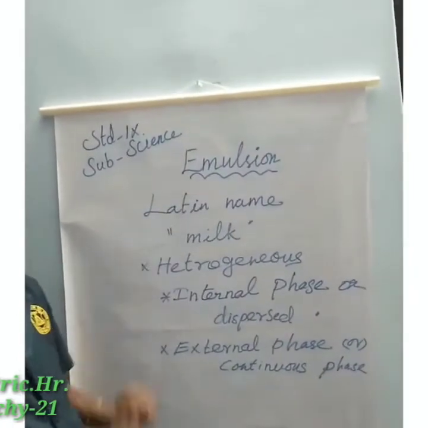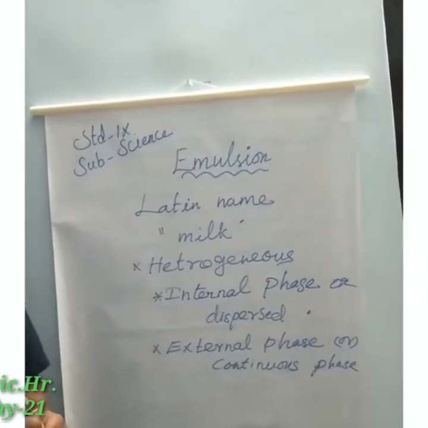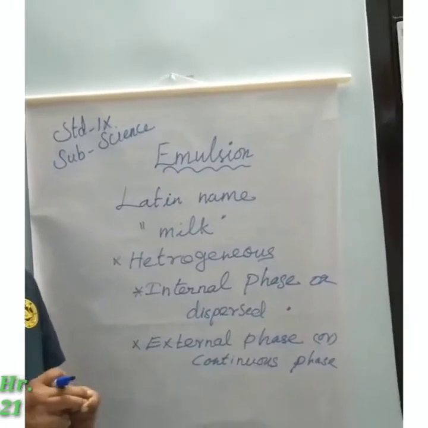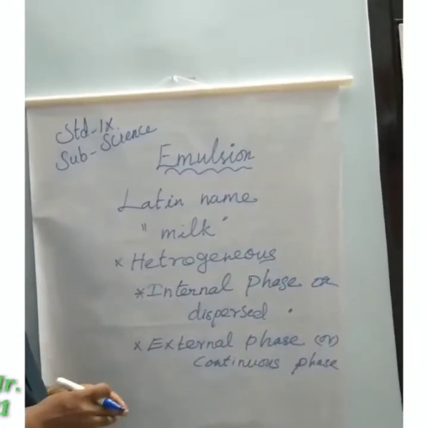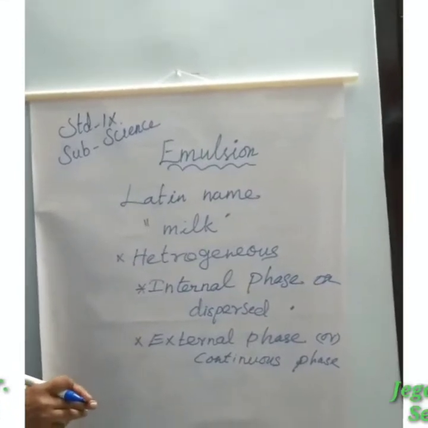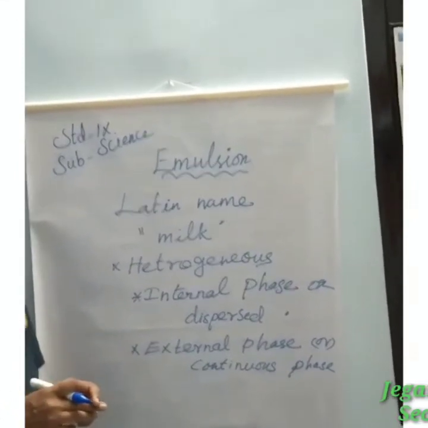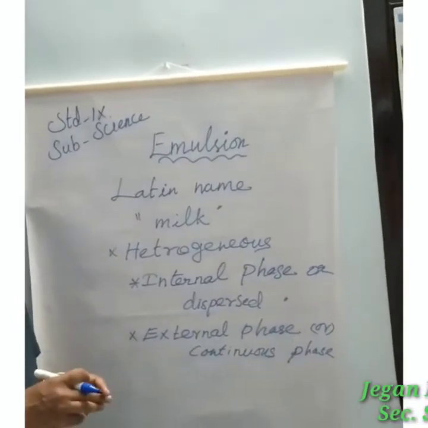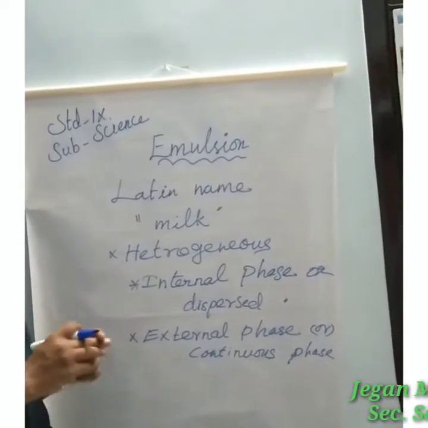Emulsion is a colloid of two or more immiscible liquids where one liquid is dispersed in another liquid. That means one type of liquid particles get scattered in another liquid. That is known as emulsion.